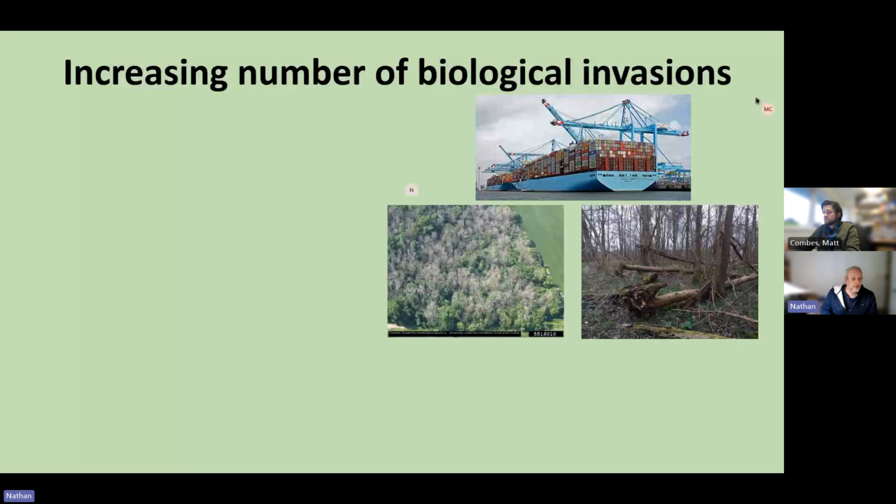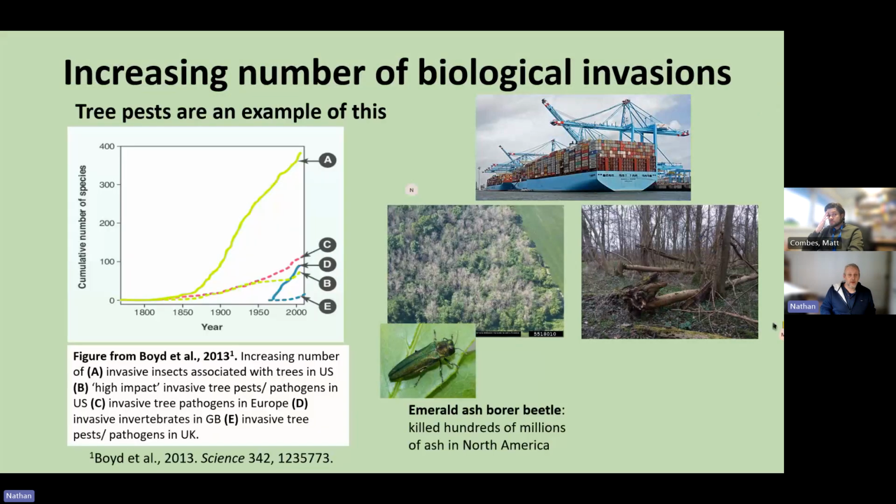There's a graph here showing records from North America, from Europe, and from the UK, throughout the last century, but especially throughout the last 50 or so years, with a really increasing number of arrivals. I guess increased trade is the number one thing that's fostering this.